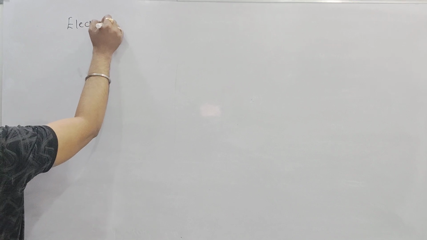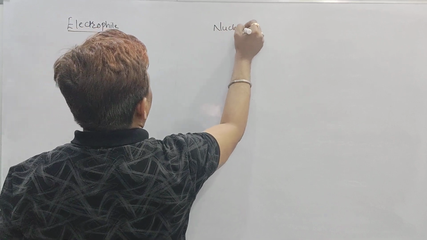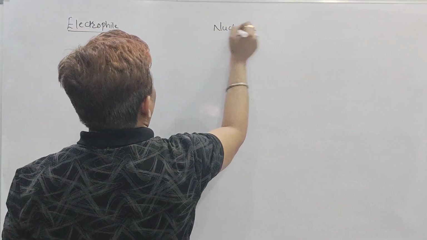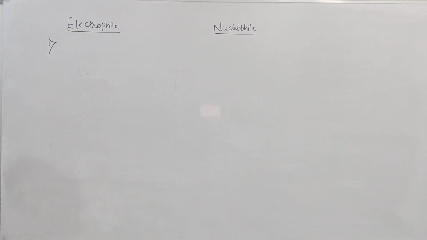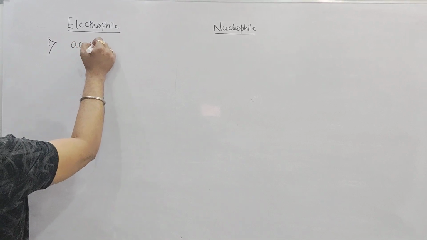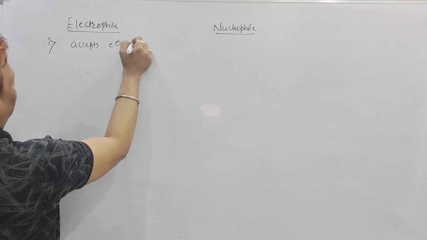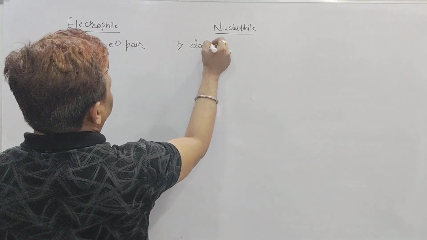See beta, differences between electrophile and nucleophile. Sir, electron deficient and electron rich. First point we'll write here: it accepts the electron pair, but the other donates the electron pair.